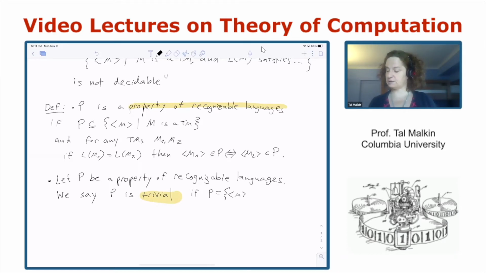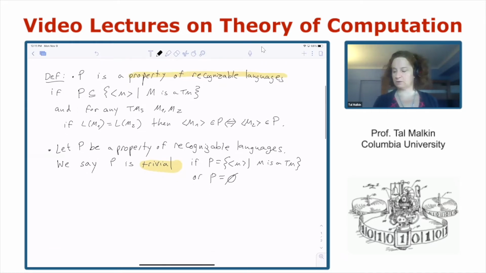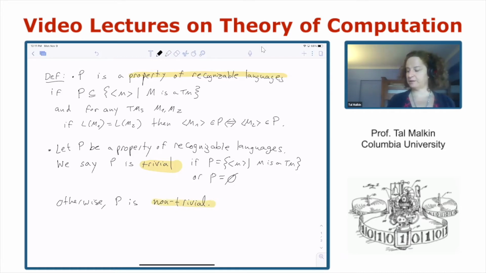If either P is the entire set of all Turing machines, or if P is the empty set. So it's a trivial property if the answer is always yes or always no. It always holds or not, and otherwise P is non-trivial. Okay, so P is non-trivial otherwise.